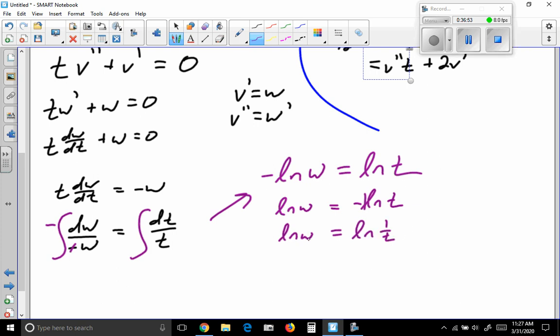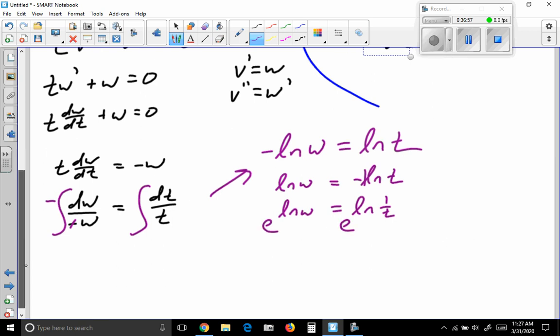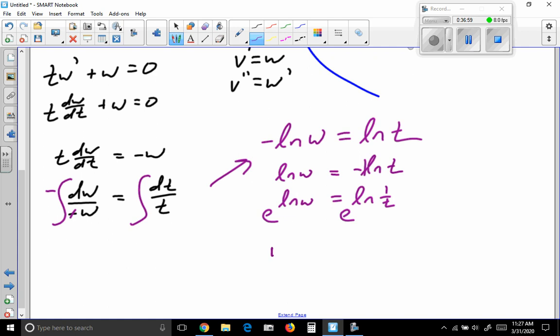To get w, we can do e to both sides. So e to the natural log undoes itself, so that's w, which remember w is the v prime. E to the natural log, that gives us 1 over t.